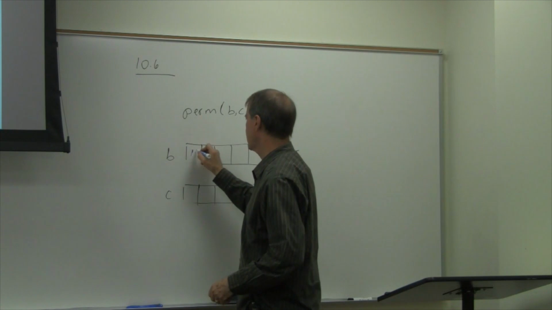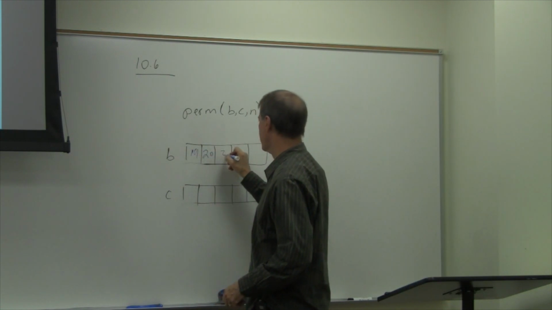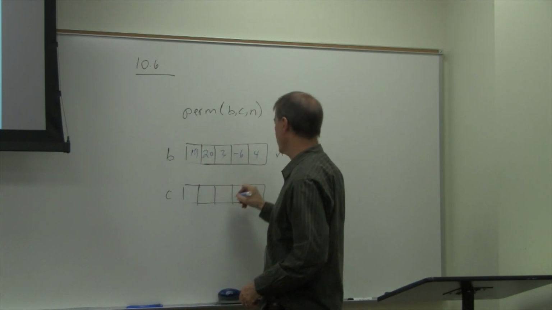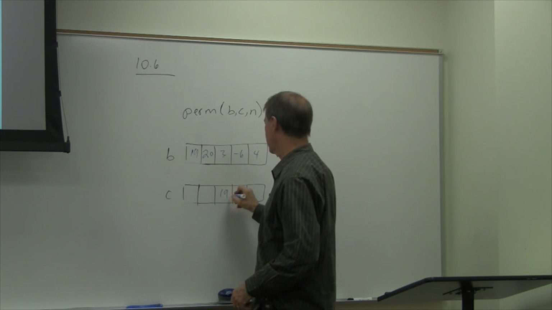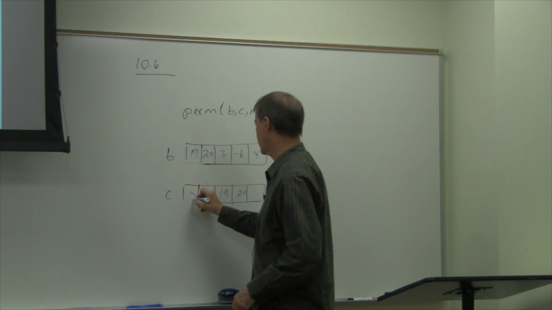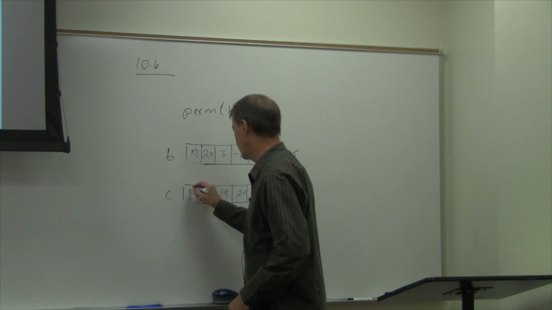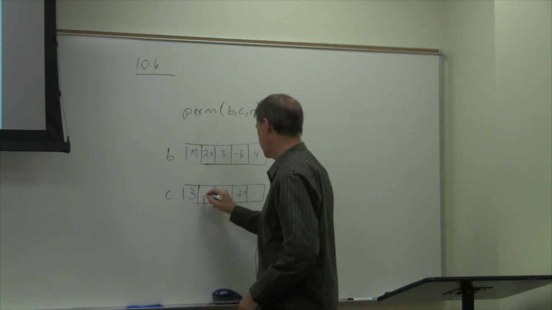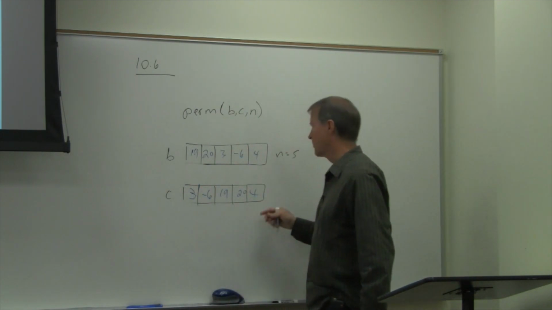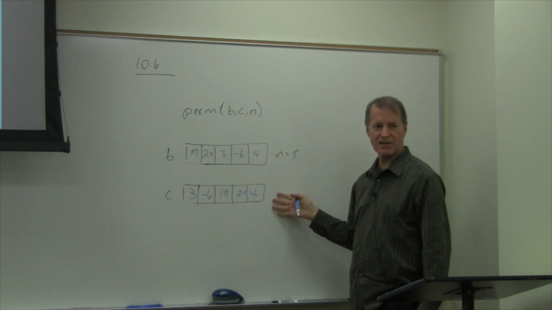If you have something like 19, 23, negative 6, and 4, you might have the same values in a different order. So perm BCN is true in this case.